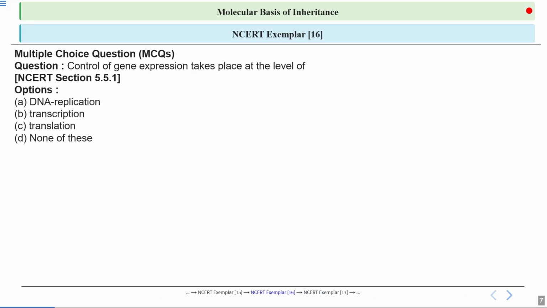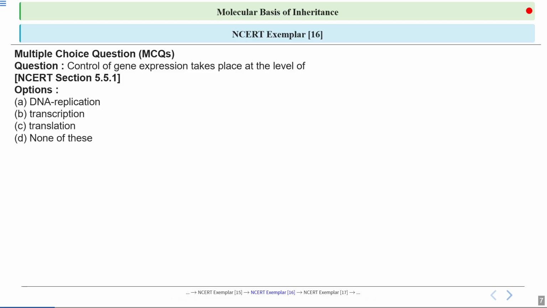Next question is, the control of gene expression takes place at the level of. Okay, so you can control the gene expression at various levels. Okay, so you are given 4 options here. So you have to select the correct answer from these options. The first option is DNA replication, second is transcription, option number C is translation, and D is none of these.